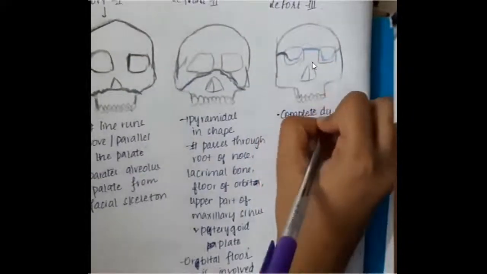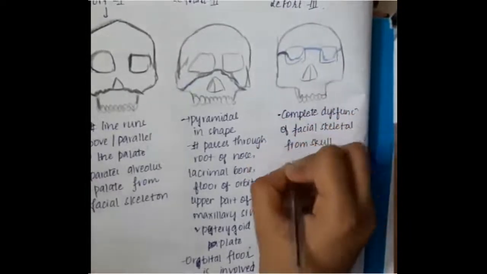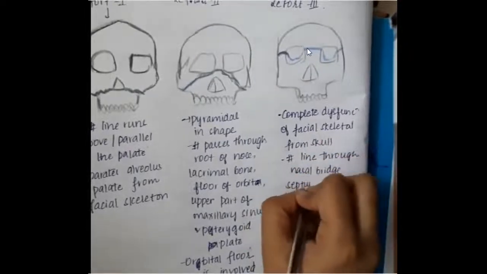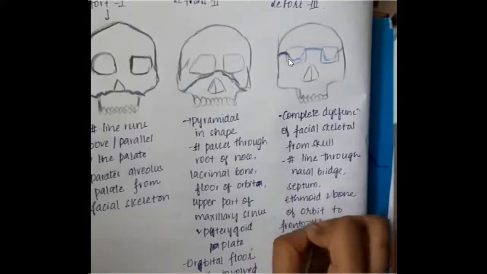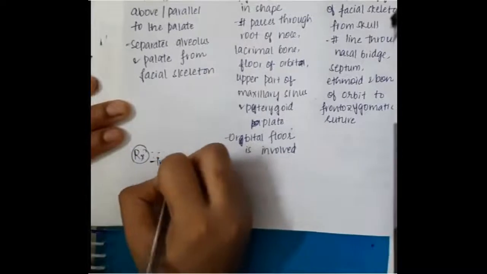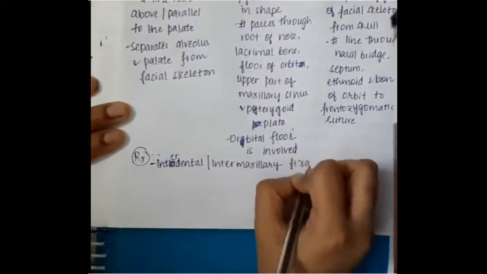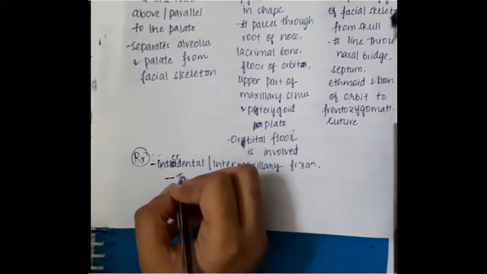Then in Lefort 3, there is complete dysfunction of the facial skeleton from the skull, and there is a parallel line. The fracture line occurs through the nasal bridge, septum, ethmoid bone and bone of the orbit to the frontozygomatic suture. So treatment is interdental or intermaxillary fixation.